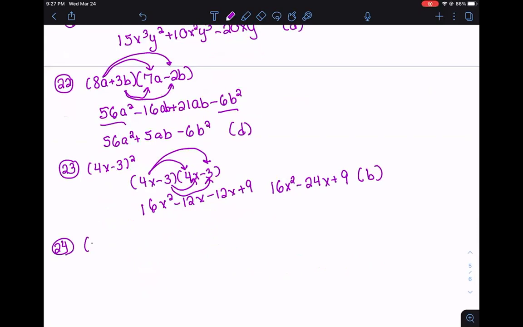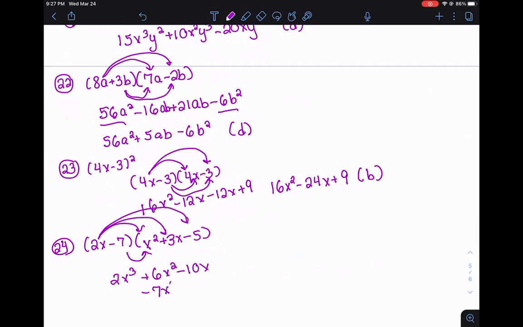Okay, 24, we're almost there. 2x minus 7. And then we have x squared plus 3x minus 5. So this is going to be 2x to the 3rd, distributing each one, plus 6x squared minus 10x minus 7x squared minus 21x plus 35.